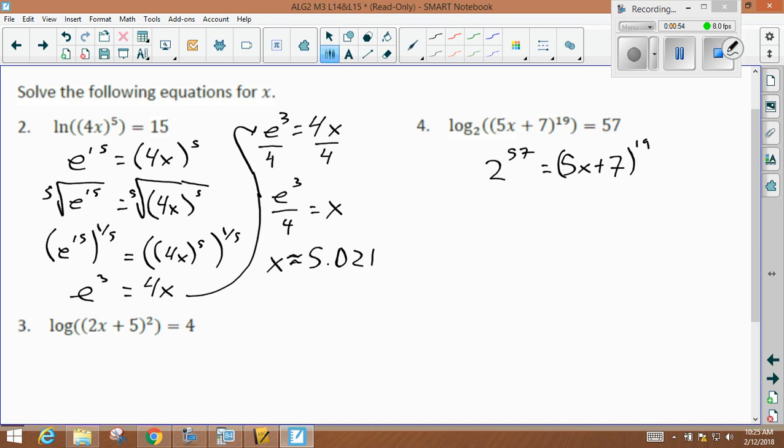That sounds terrible, right? But remember the trick that we took out here was we took the 5th root. We saw that 15 and 5 are both divisible by 5.